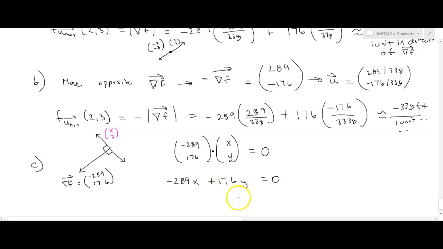So if you solve for y in this equation, you get y equals 289 over 176x.